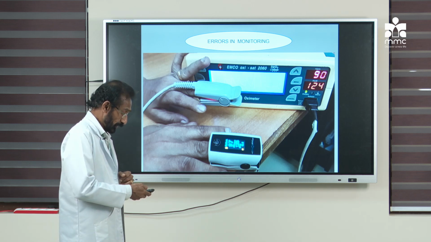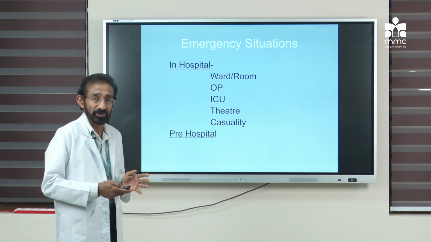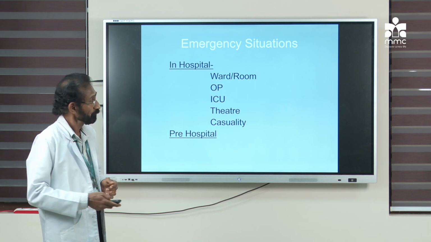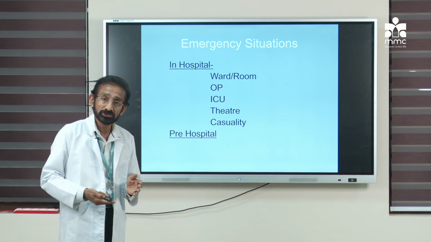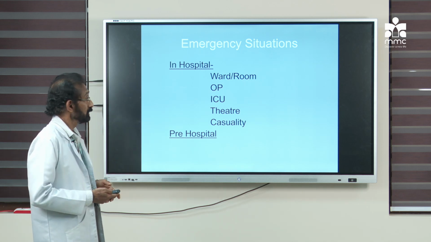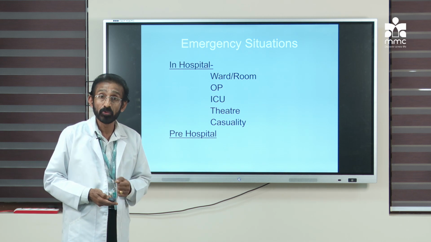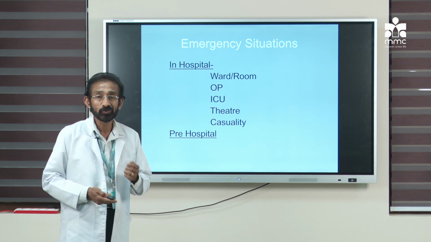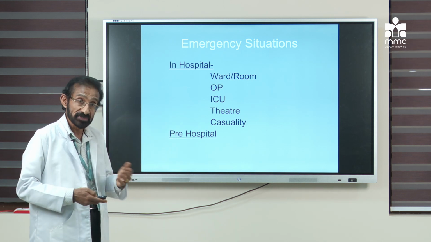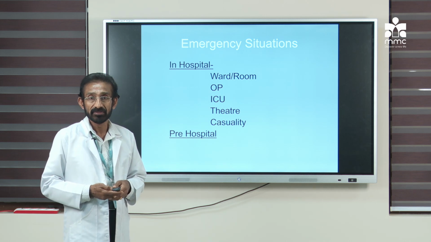So, now what are the emergency situations which can occur in your life or the ED? In a hospital, a patient who is being treated for some routine illness in the ward or in the room can go in for a catastrophe. A patient who is consulting you in the OP can undergo an acute illness right in front of you. This emergency can occur in the ICU where already patients are ill.